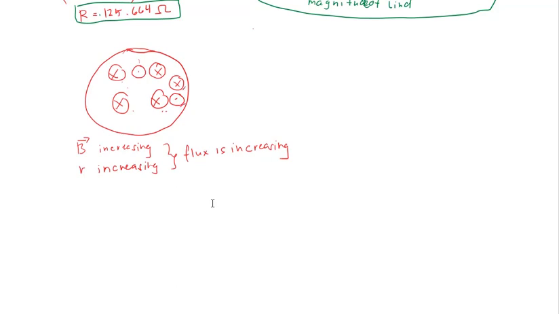With B induced coming out of the page, we designate B induced as our right thumb, and we can determine the direction of I induced as the curl of our fingers.